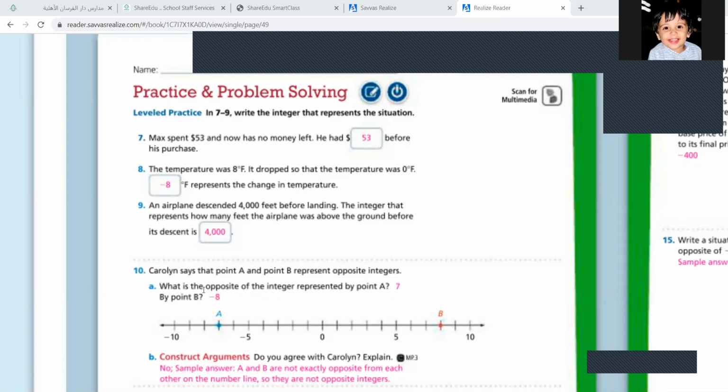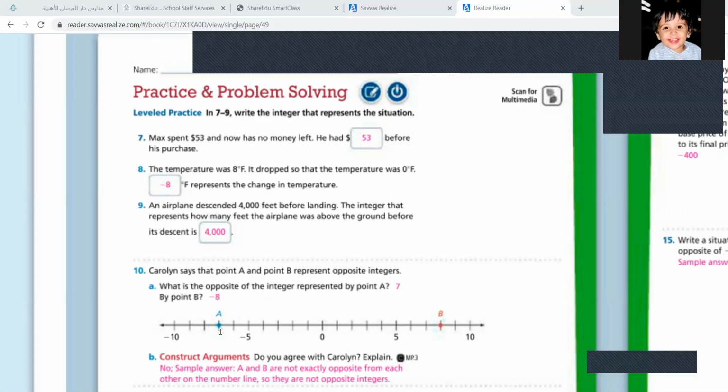Now, what is the opposite of the integer represented by the point A? Where is the point A? Here. Please count: minus 5, minus 6, minus 7. So what is the opposite of the integer that represents point A? The opposite of minus 7 is plus 7.